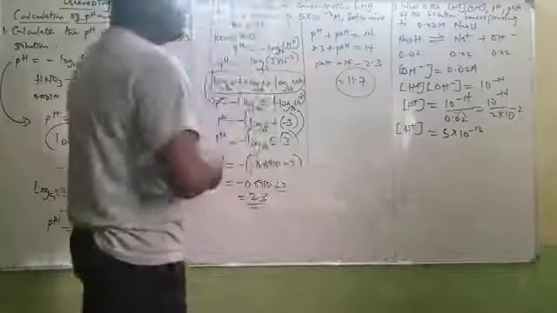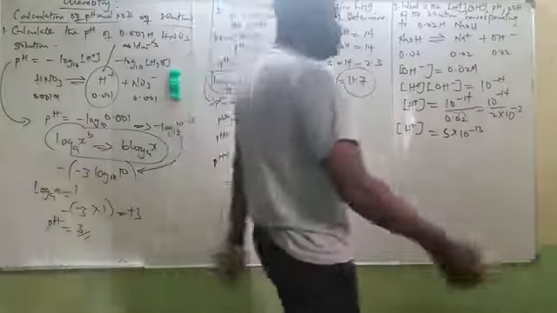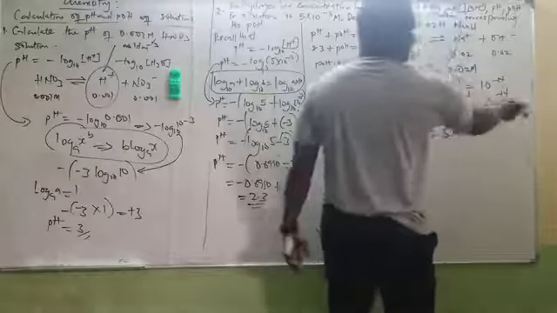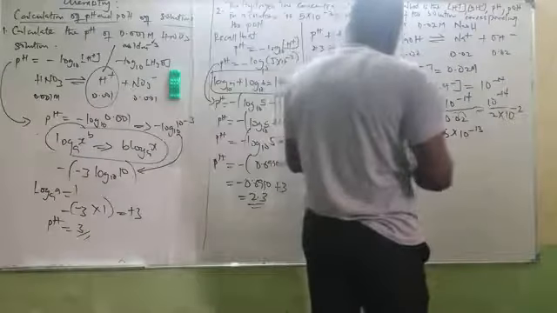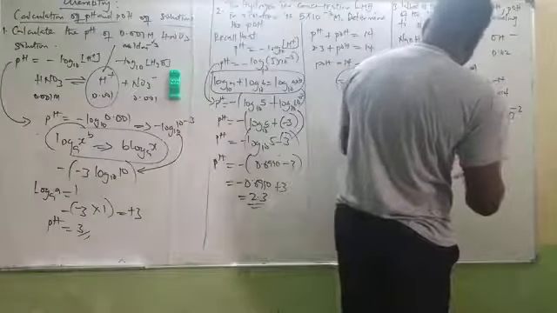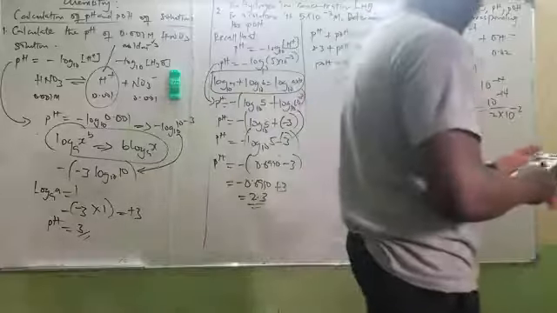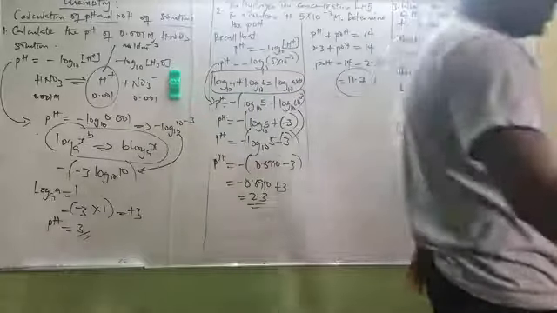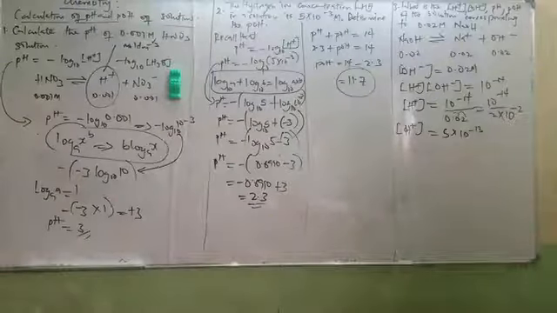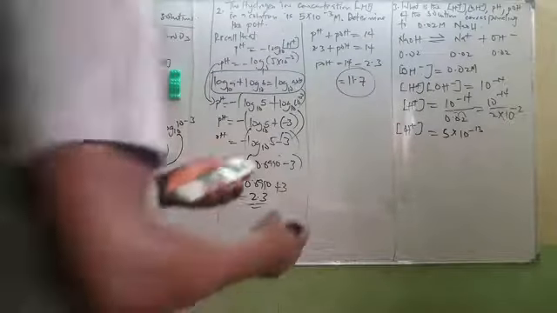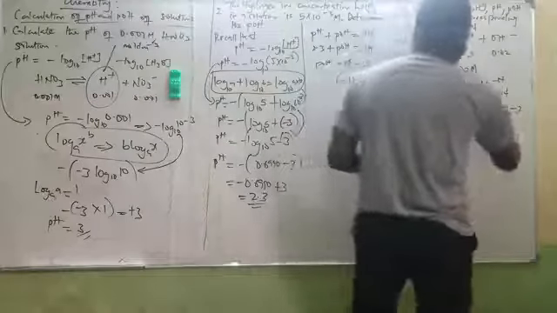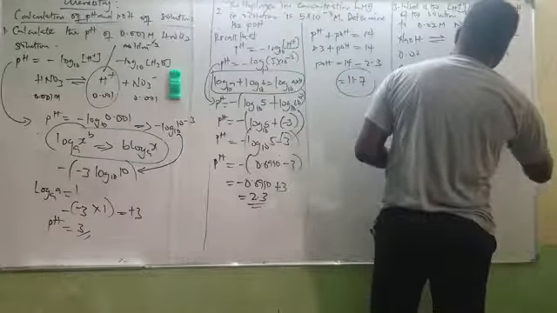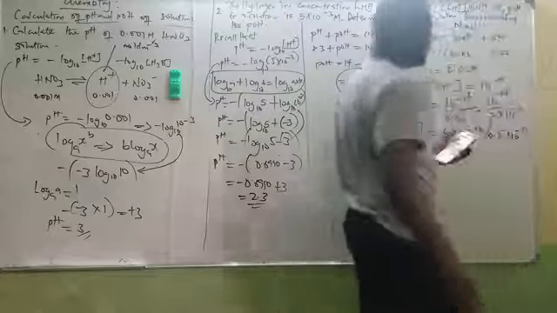We could even do this normally, by subtracting the indices. So this is 5 times 10 raised to power minus 13. Sorry, I just wanted to confirm the calculation we are doing right here. And this can also be 0.5 times 10 raised to power minus 12. Either way we put it.